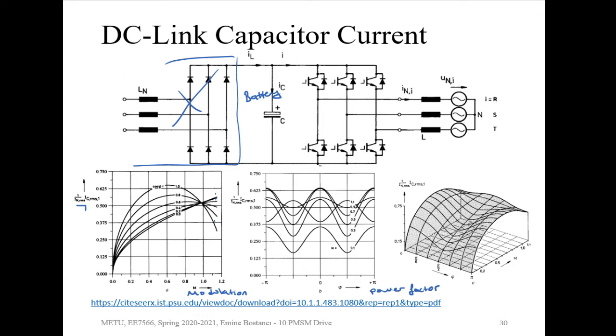That means that as the RMS current required is high, this value, IC RMS, is going to increase. And as the modulation index increases, so these are different power factors. So at different power factors, we are going to have a different behavior.